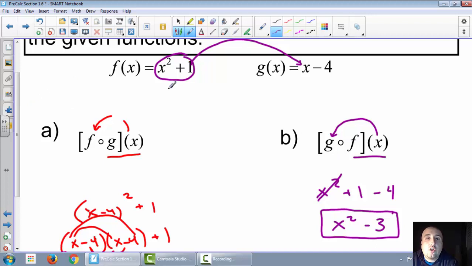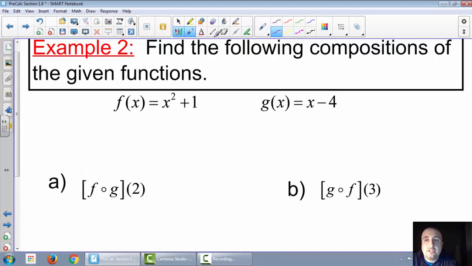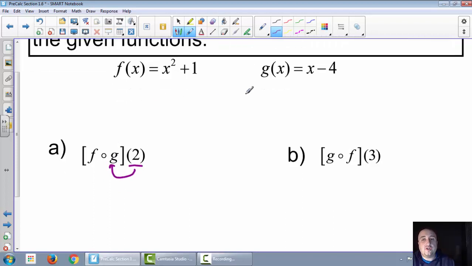Now, that's when we're just plugging a function into the other function. The next part of the example, so these are the same equations. Now we're going to actually plug numbers in to see what happens. All right, we're still starting at the right. What this is saying is I want to plug 2 into g. So I'm going to do g of 2. This equals 2 minus 4.